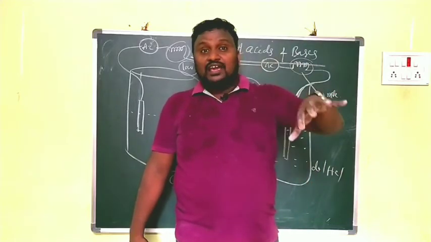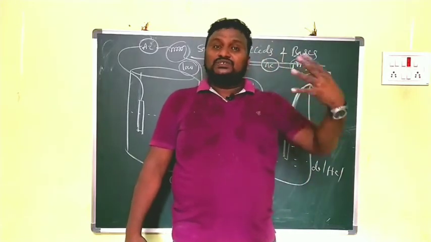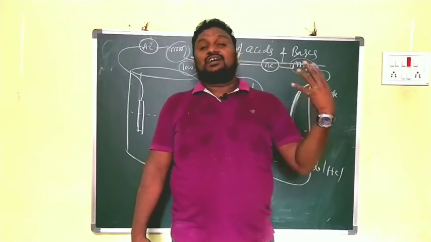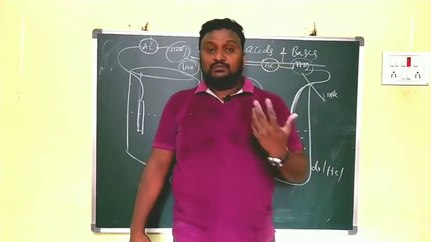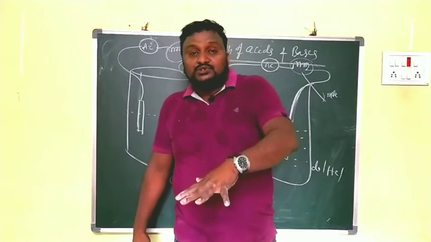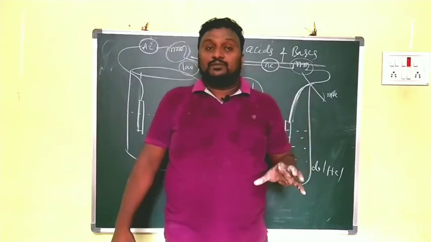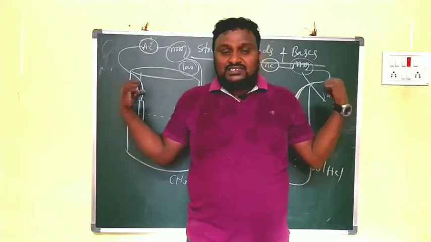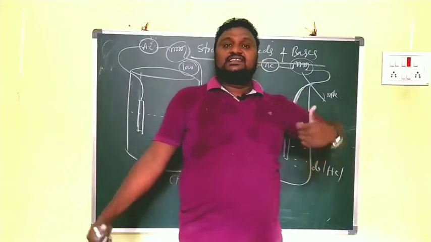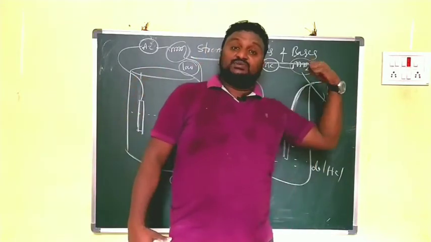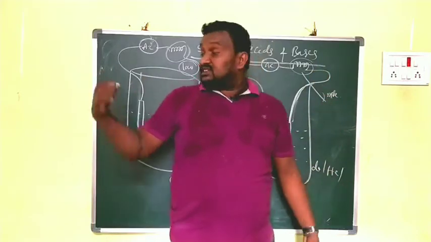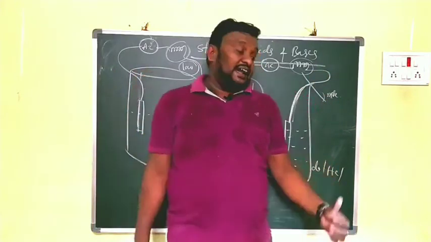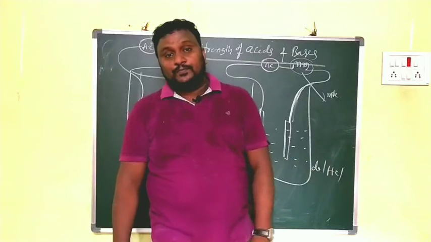Like in a class, some students are treated as clever because they have more grasping power, and some are dull because they have less grasping power. Like that, here we have the same kind of acids, but compared to HCl, acetic acid is weaker and HCl is the stronger one.